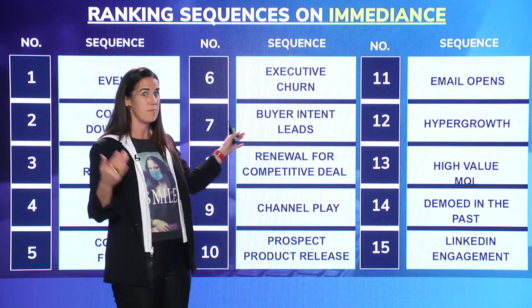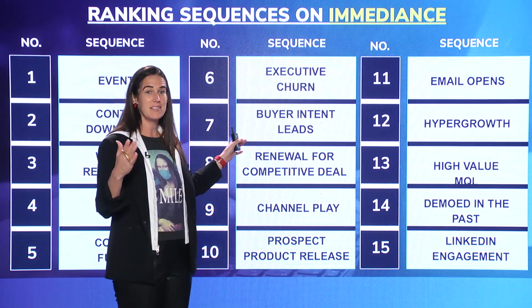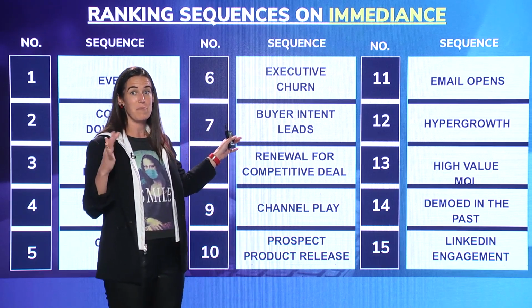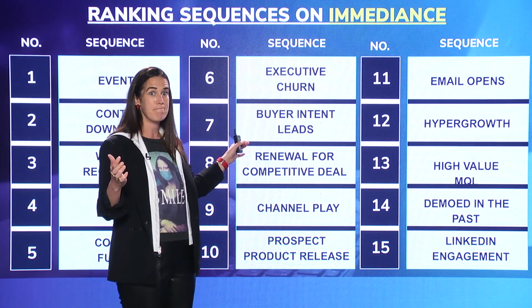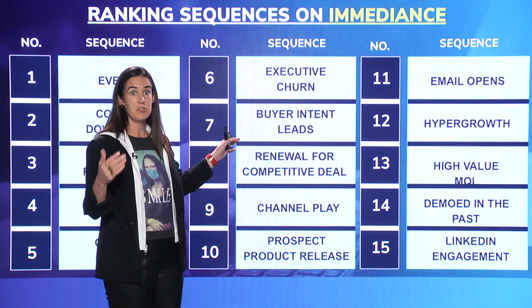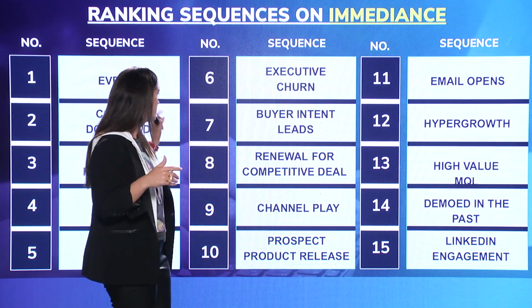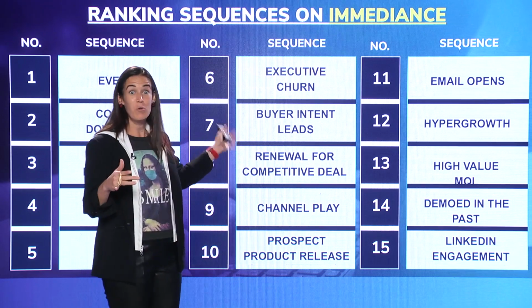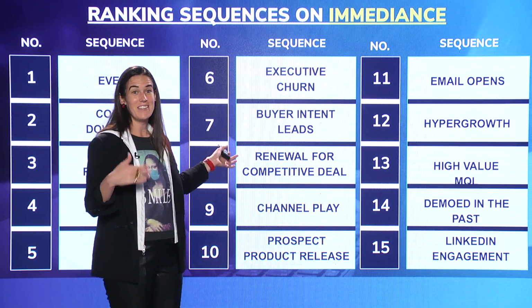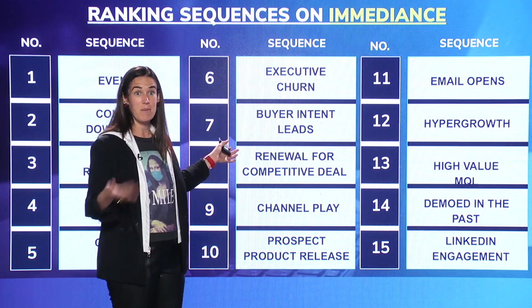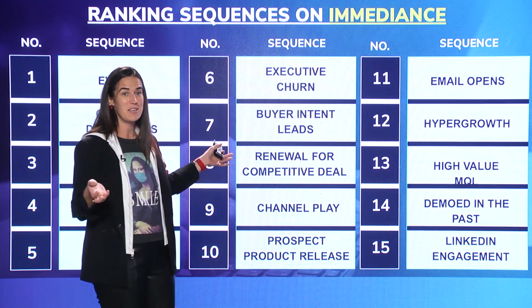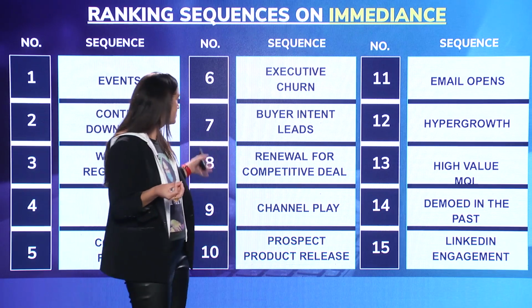So buyer intent is going to be high immediacy, because if someone is looking at your software or your competitor's software on a site like G2, they're probably pretty close to buying, or they might be in a competitive deal. So you want to make sure you get to it very quickly. Number 8, a renewal for a competitive deal. Let's say that they chose your competitor and then they're coming up for renewal. That's time sensitive, because you want to make sure they don't renew again.